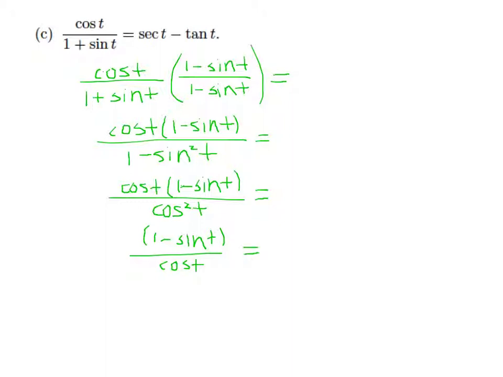And we can split that up into 2 fractions, so we have 1 over cosine t minus sine t over cosine t, and that equals secant t minus tangent t.